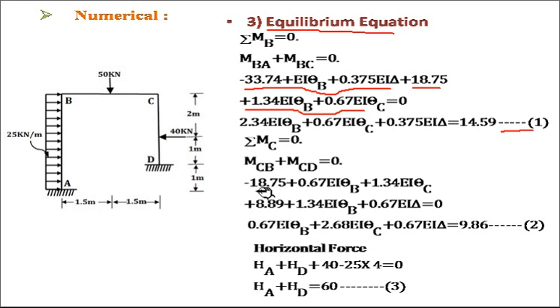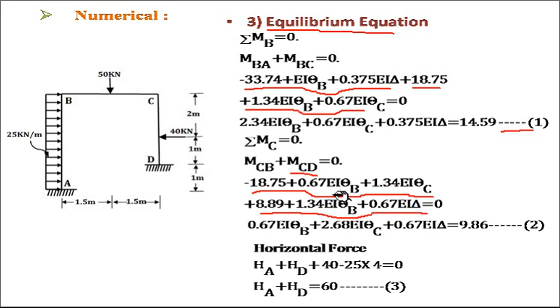According to the slope deflection equation, the moment for member CB is minus 18.75 plus 0.67 EI theta B plus 1.34 EI theta C, and for member CD it is 8.89 plus 1.34 EI theta B plus 0.67 EI delta.